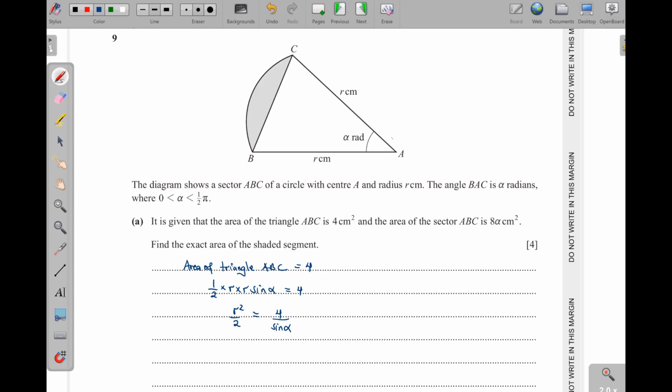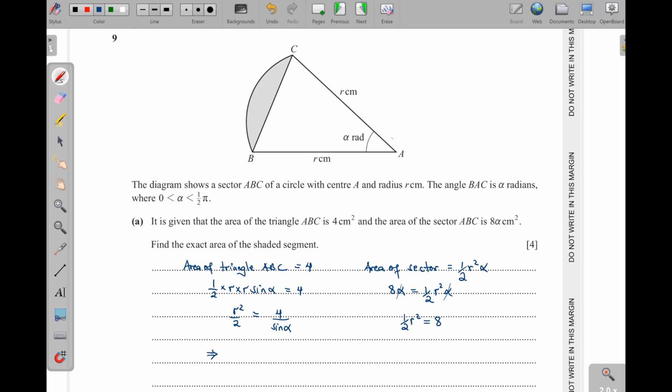There is also something they said, area of the sector. Area of sector is always equal to a half, then r squared, then the angle. That is if it is in radians. So area of a sector is given as 8 alpha, which is equal to a half r squared alpha. So do you see how alpha is going to go? And then a half r squared is equal to 8.